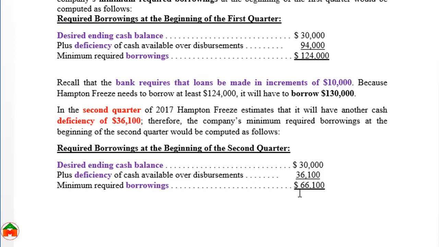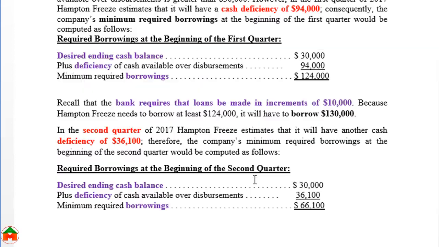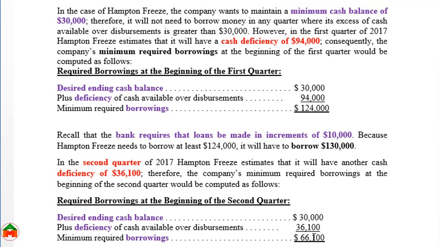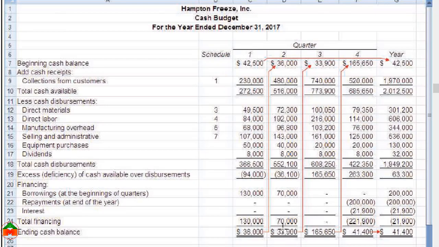They need to borrow 66,100, but the company doesn't have any agreement to take a loan in fractions. That's why the company will get 70,000 from the bank. That means the company needs to borrow this 70,000 from the bank.